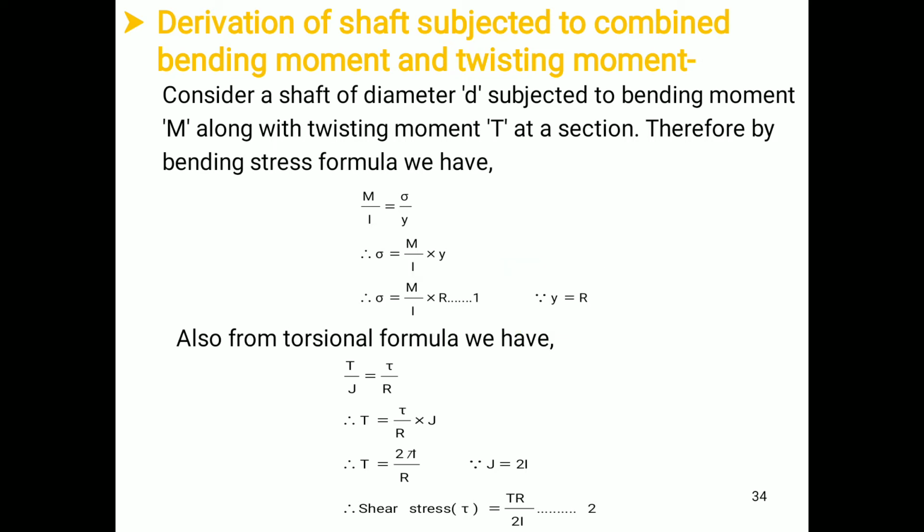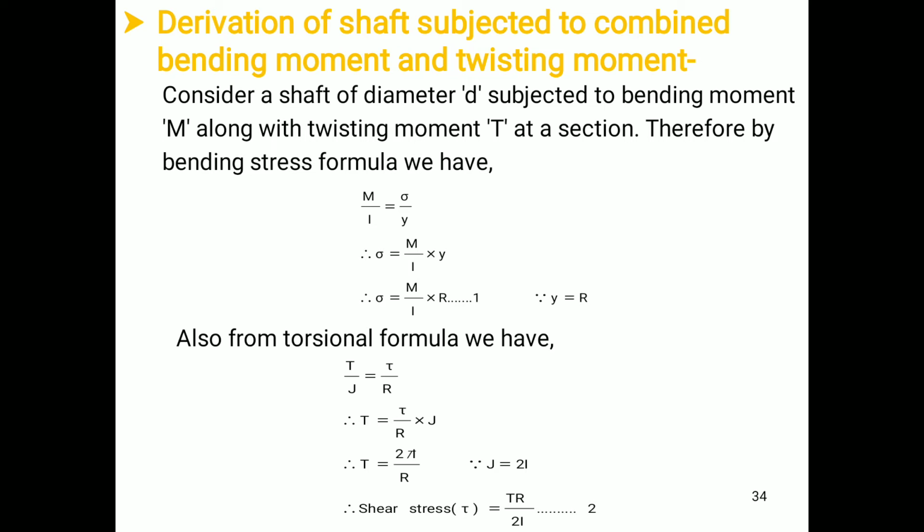We also have the torsional formula, and it is given by T upon J is equal to tau upon R. From this equation also we are going to find out the value of tau. First of all we will find out the value of T. Once you know the value of T, we can easily find out tau.